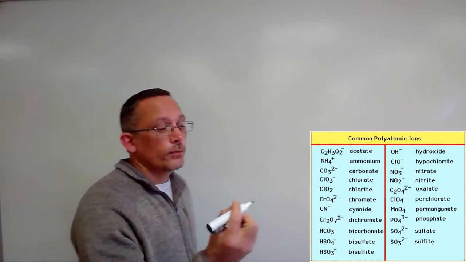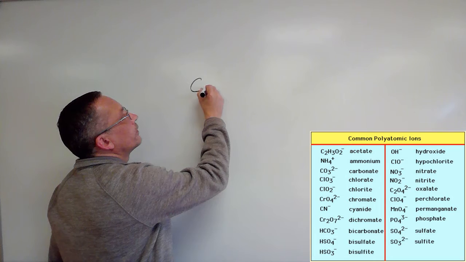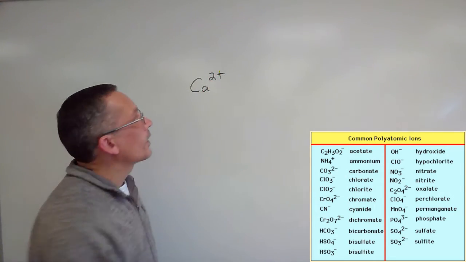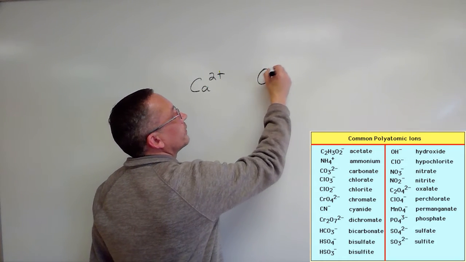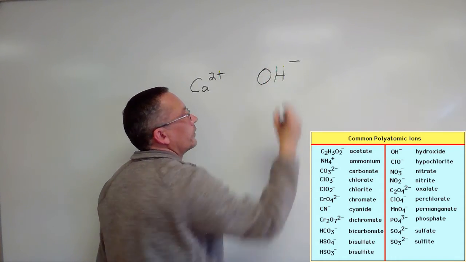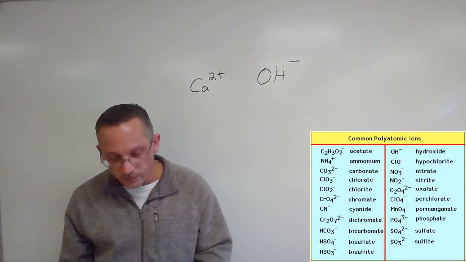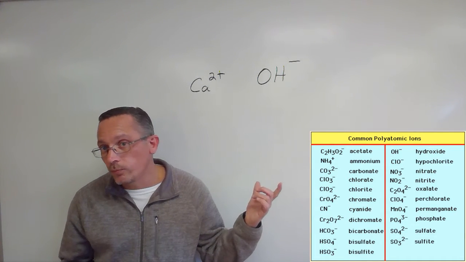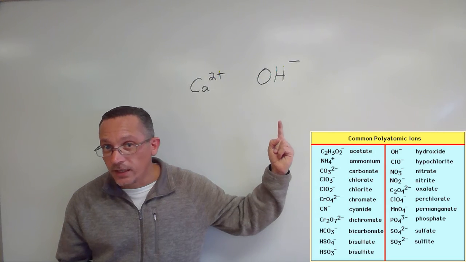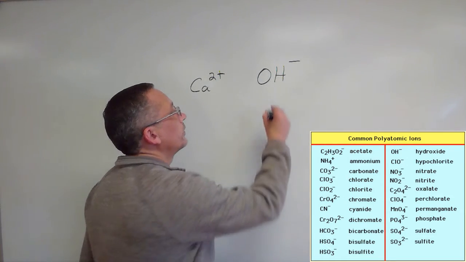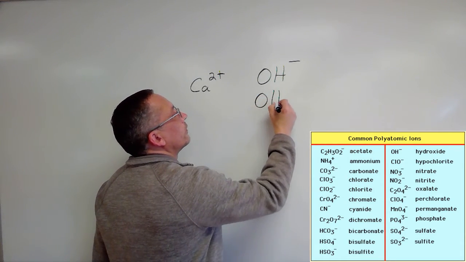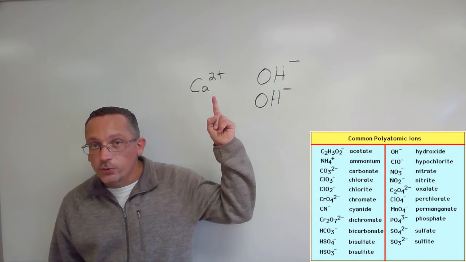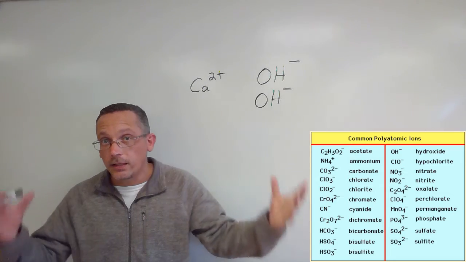Well, calcium, like we mentioned, is a +2, and hydroxide, you can look up on the chart, is a -1. So do they balance? No, they don't. Which one do I need more of? I need more negatives. So let me add another hydroxide. Okay, now I've got 2 positives, I've got 2 negatives, they balance.